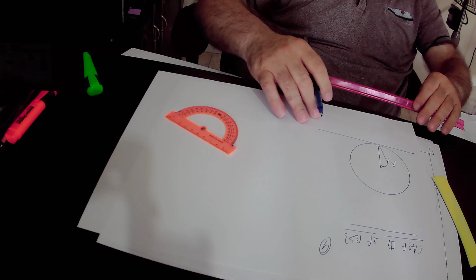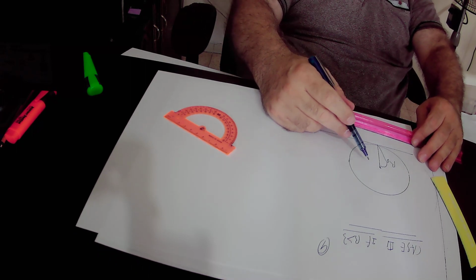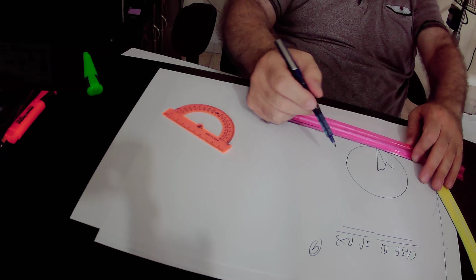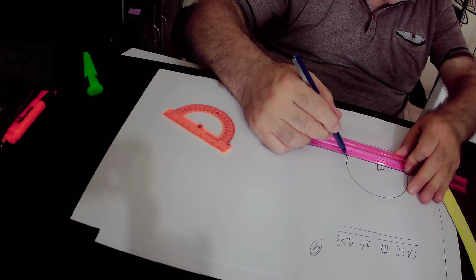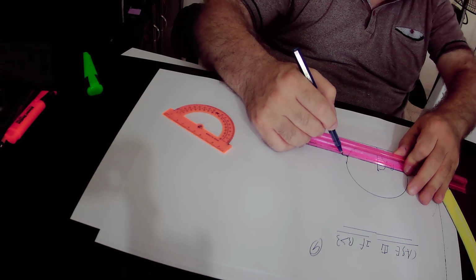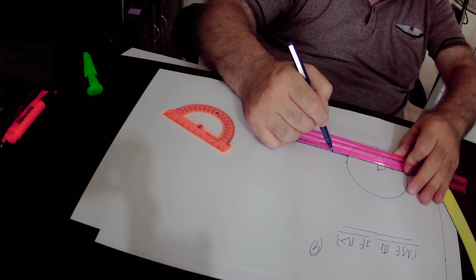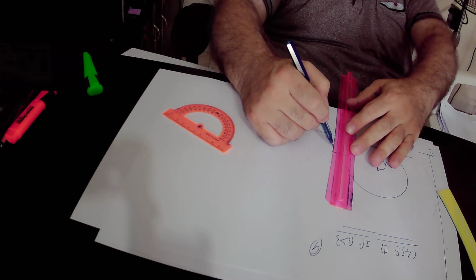Therefore, we get that R is higher than the square side that is equal to 3 units. So here we draw the square a little bit shorter than the radius, because R is greater than 3.